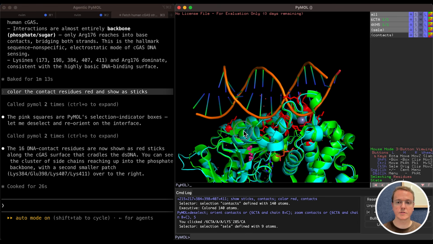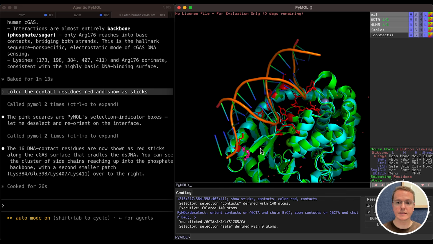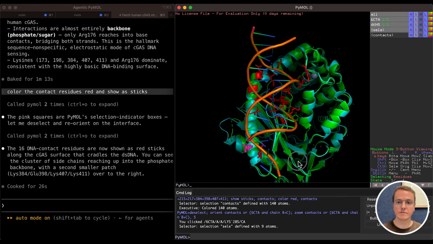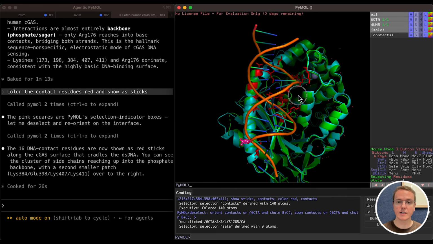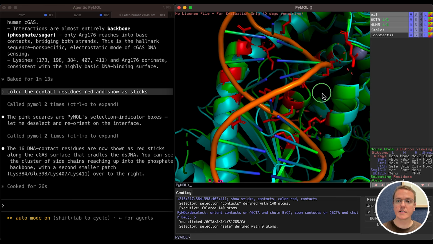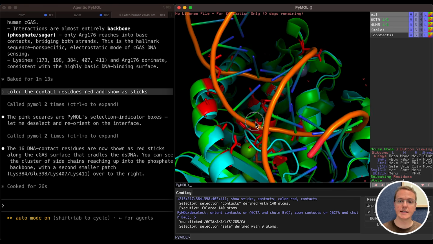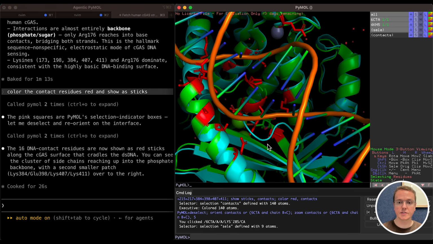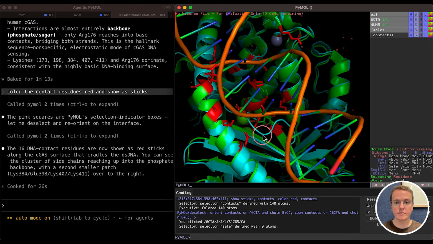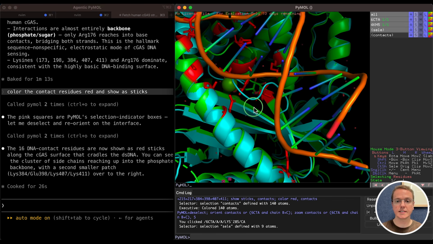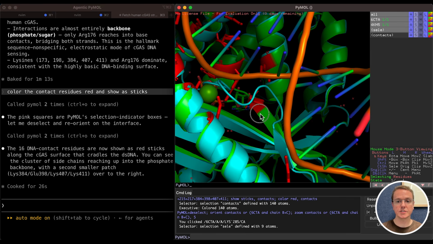Okay, so we've got our result here, and clearly it seems to have done this correctly. You can quite clearly see that the residues are occurring proximal to the DNA. And something that's actually unique about cGAS is this binding activation loop.